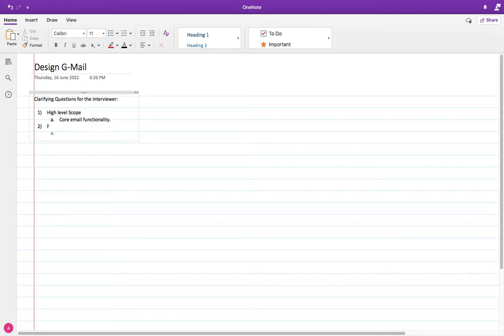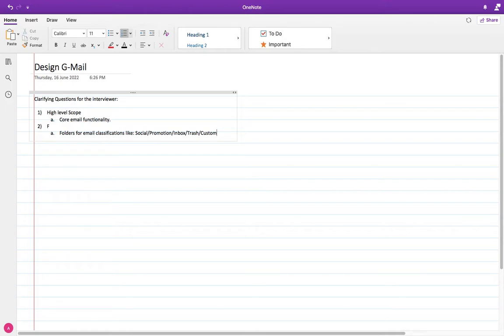When I open my Gmail application, on the very left side, I see folders for email classifications, like your social, your promotions, your inbox, your trash, or custom folders, right?